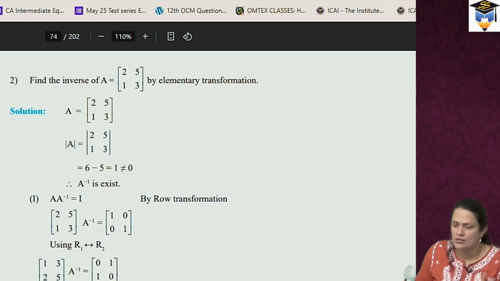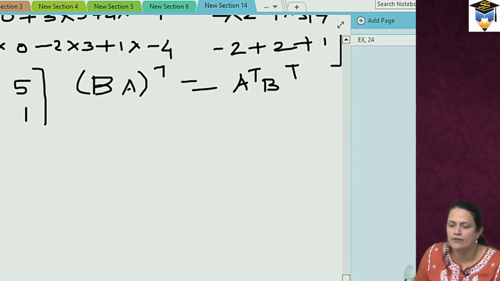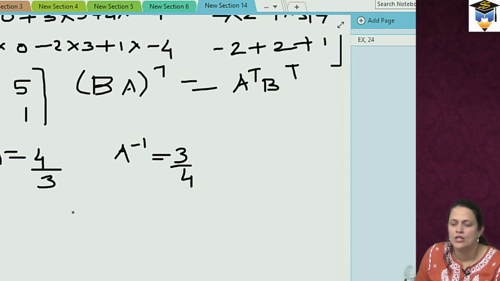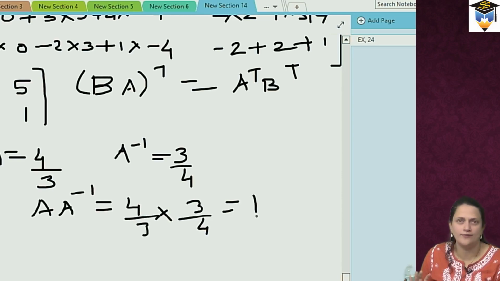Okay, so let me give you an example of basic algebra. Suppose A is given to us as 4 by 3. So in this case, A inverse is going to be 3 by 4. So when we multiply A into A inverse, that is when we multiply 4 by 3 into 3 by 4, what answer do we get? 1.